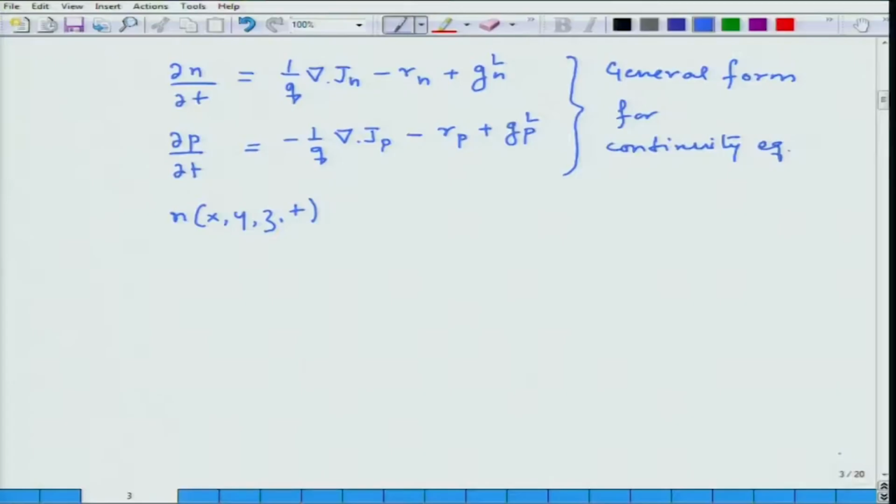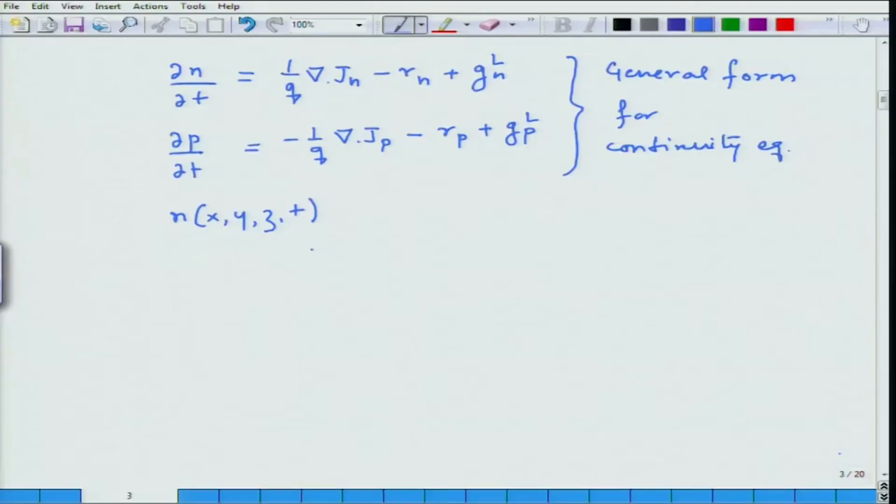So, this is basically the beginning of the analysis of the device, where we will take all the carrier actions in the semiconductor into account and figure out what would be the device characteristics. And by using this equation, I can solve for n(x,y,z) or p(x,y,z) at any position in the device and also as a function of time.